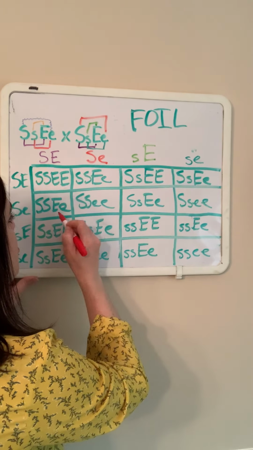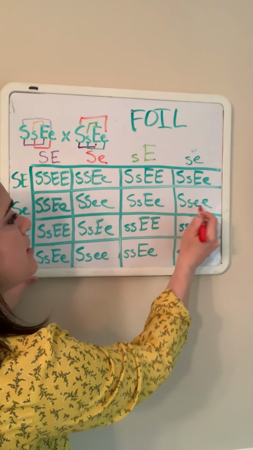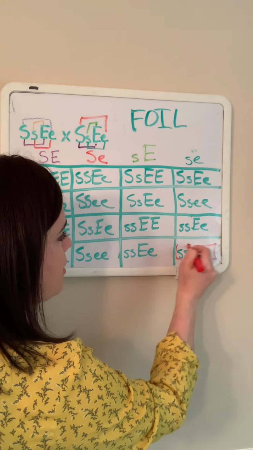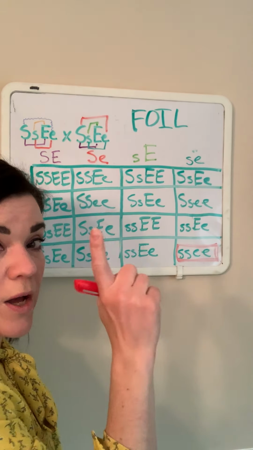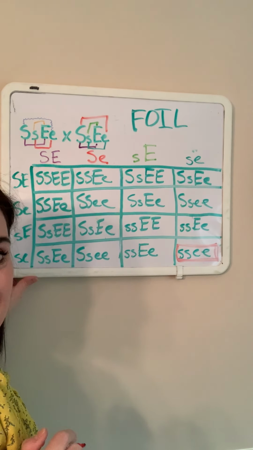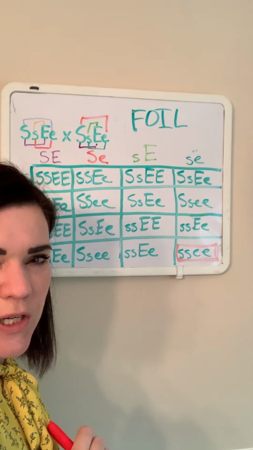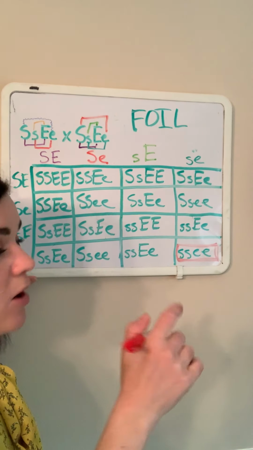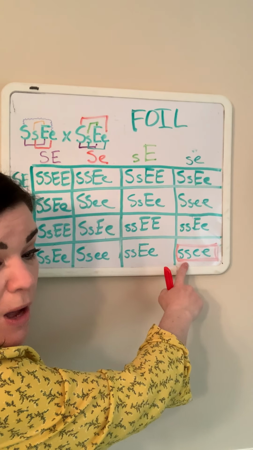If I look for little s, little e, there's only going to be one. Right down here, we have one offspring. So it's 1/16, or 6.25 percent, of the offspring that are going to be spotted with floppy ears.